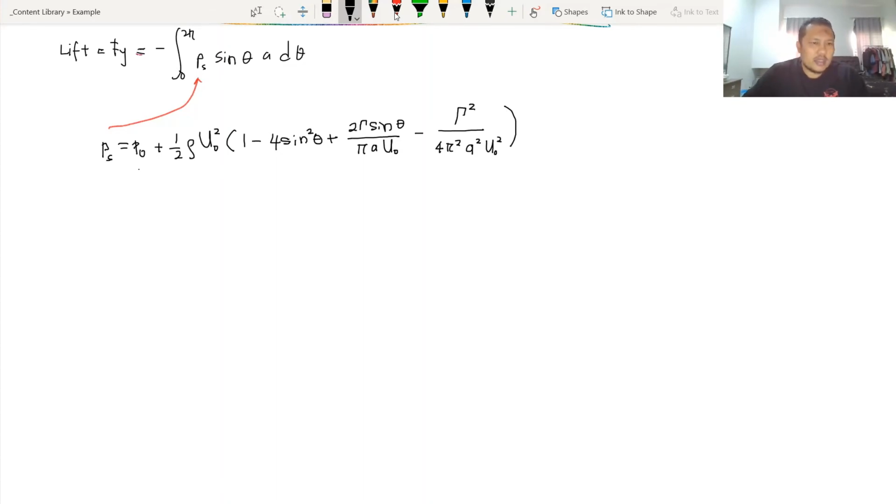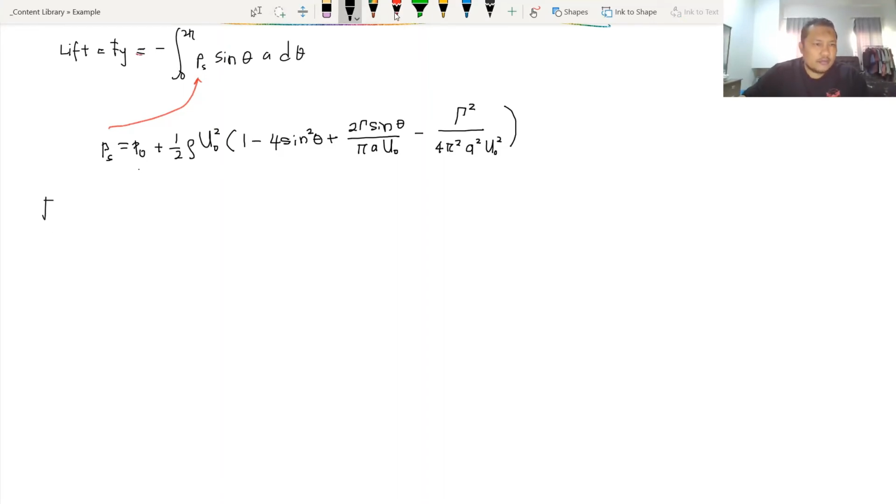If we do some simplification, the ps will be given like this. So the lift, the Fy, is given like this.